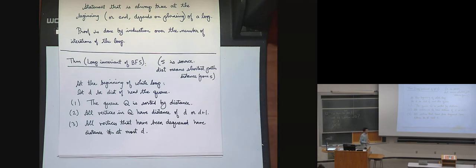Why didn't I say all vertices that have been visited have distance at most D? Isn't that the same thing? I'll give you a minute to ponder that. Right? So I said all vertices that have been dequeued have distance at most D. Why didn't I say all vertices that have been visited have distance at most D?